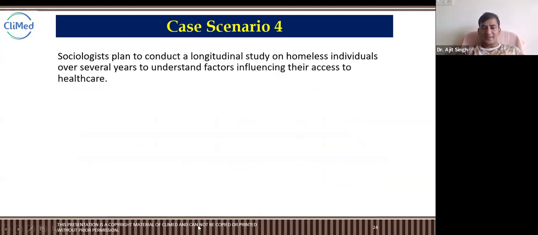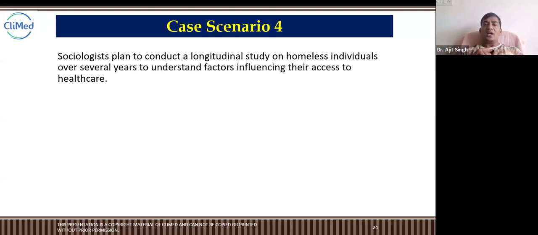Scenario 4. Who wants to answer this? Sociologists plan to conduct a longitudinal study. Longitudinal study means long-term study, more than 2-3 years, like 4 years, 5 years, 6 years, or 10 years.